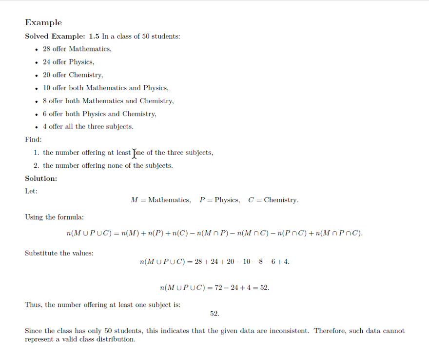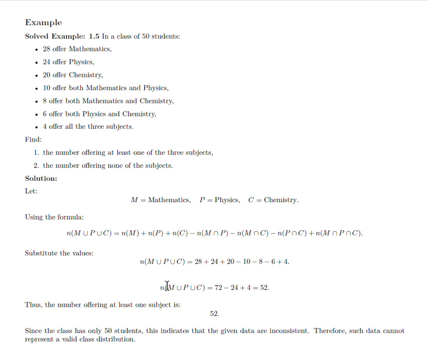The first question says the number offering at least one of the three subjects. Yes, it also interprets to this at the end of the day, the cardinality of the union of the three sets, right? Because inside this union, every one of these 52 students offers at least one of the three subjects.